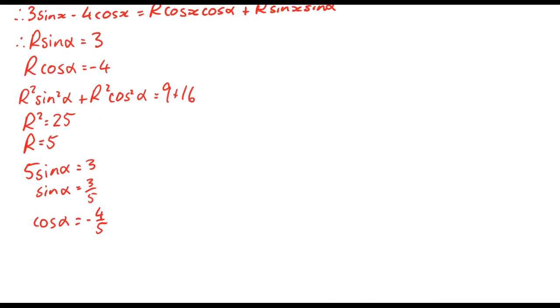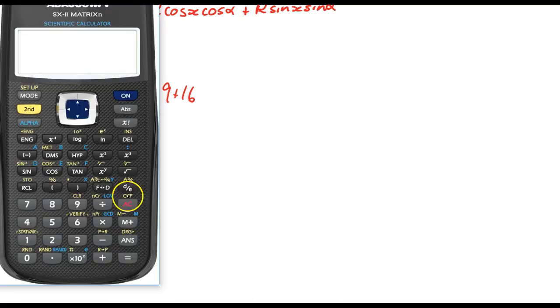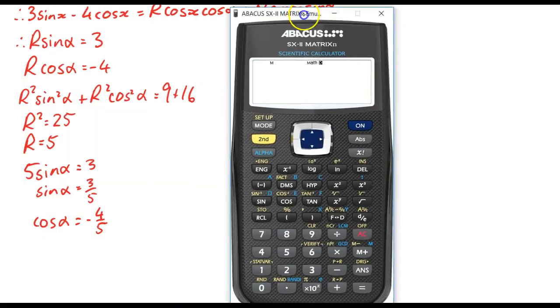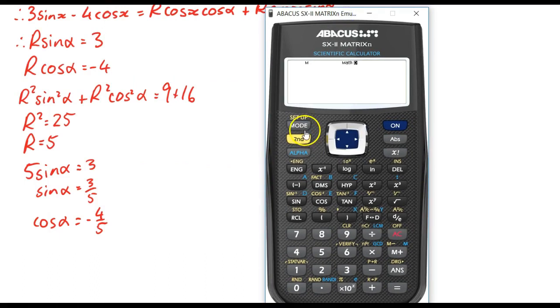That's not an exact value. I'm going to have to pull out the calculator here. Let's grab that calculator. Make sure that it's in degrees. And I'm going to go the inverse sine of 3/5. That, of course, is going to give me a related acute angle, which is about 37 degrees. But I want a second quadrant answer, so I need 180 minus that.